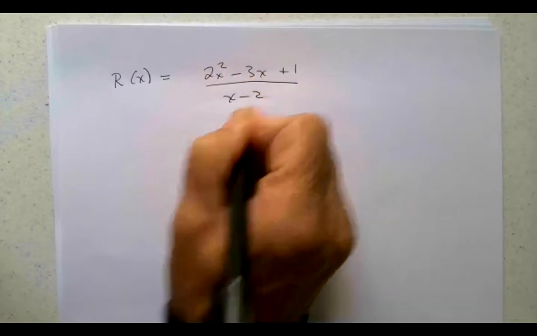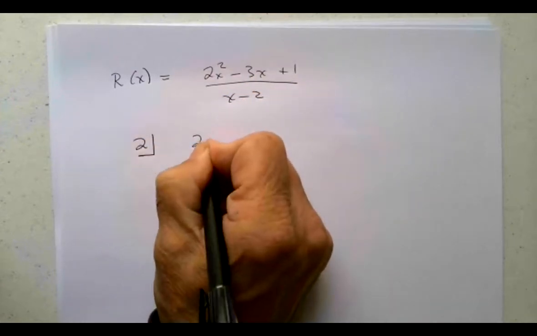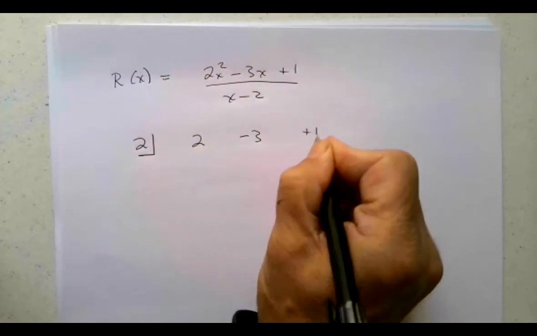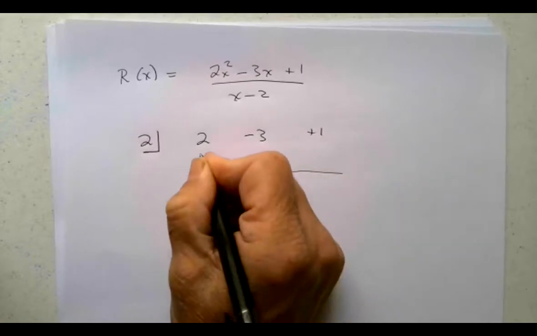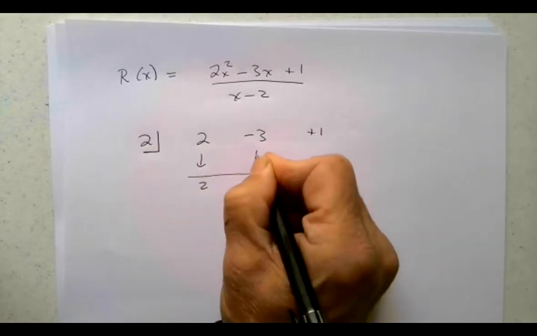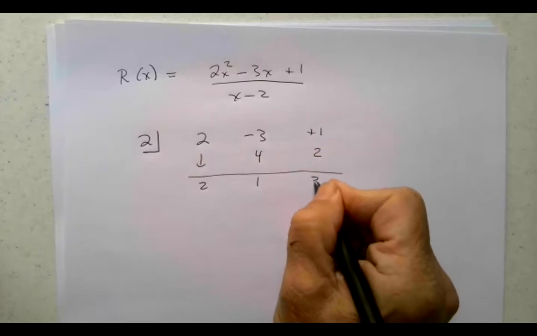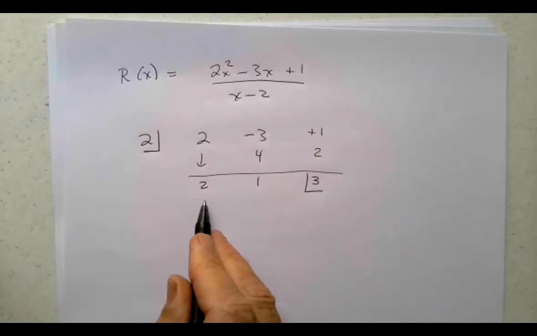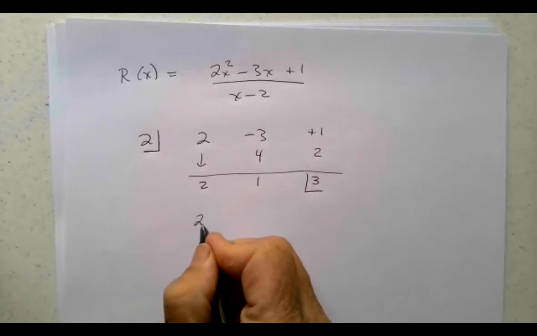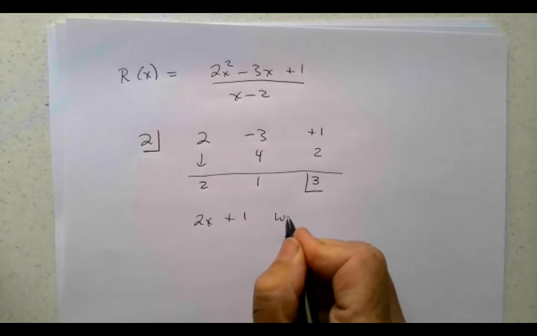So it's x minus 2, put the 2 on the outside, 2x squared minus 3x plus 1. The 2 drops, 2 times 2 is 4, 4 minus 3 is 1, 2 times 1 is 2, 1 plus 2 is 3. Now what does this mean? This means 2x plus 1 with remainder 3.